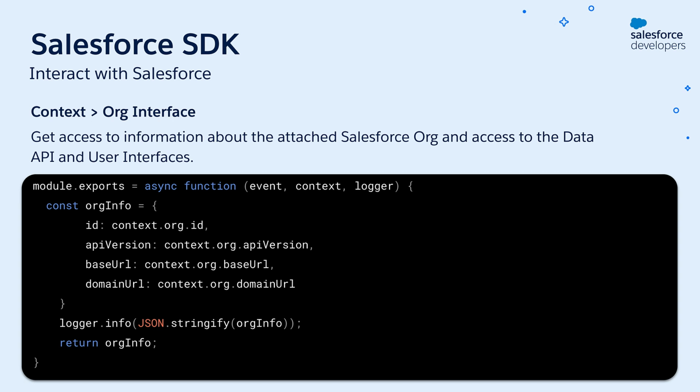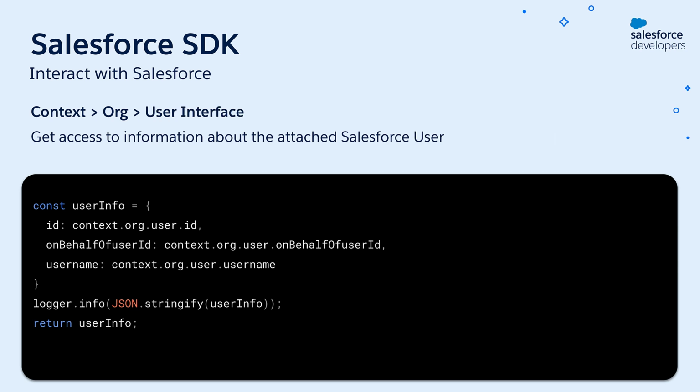You will have access also to the authenticated token in case you want to make API calls to other Salesforce APIs, for example, the metadata or bulk API. The user interface will give you information about the user that is executing that function. You will get the user ID that is running this function, and the username as well.